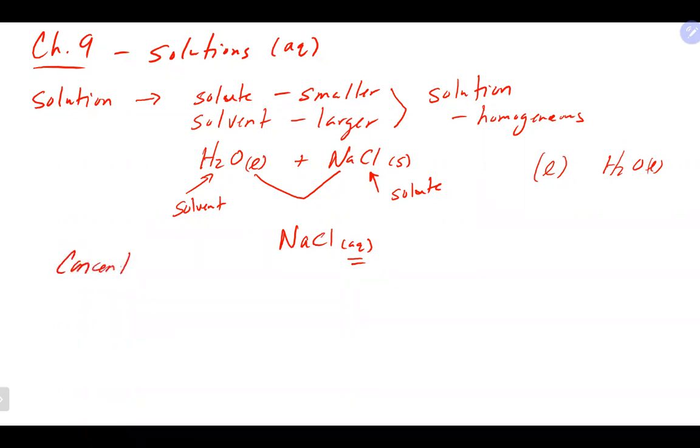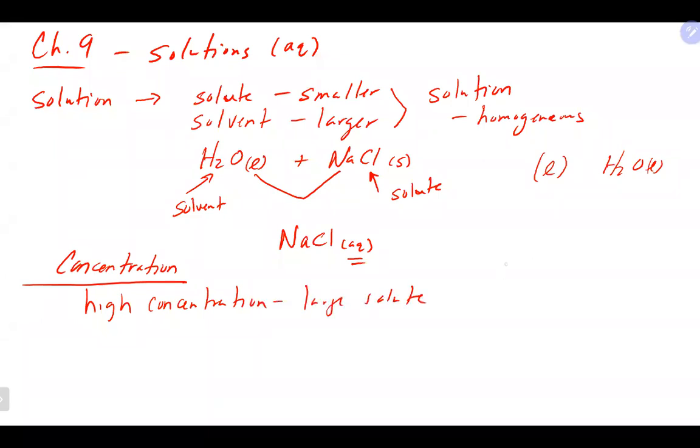And we'll talk about some of these concentration units. If something is really concentrated, it has a large amount of solute. So a high concentration has usually a large amount of solute, and a lower concentration has a smaller amount of solute.